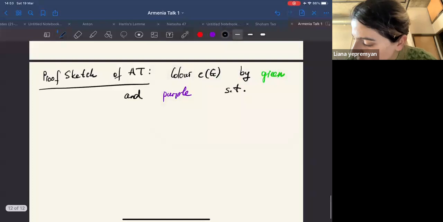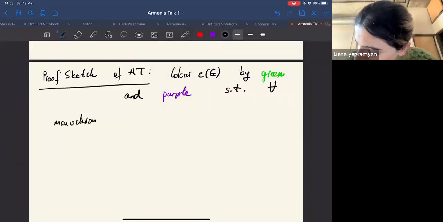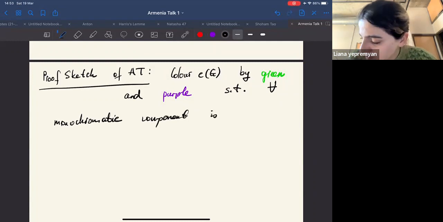That every monochromatic component is a path of length at most 5.